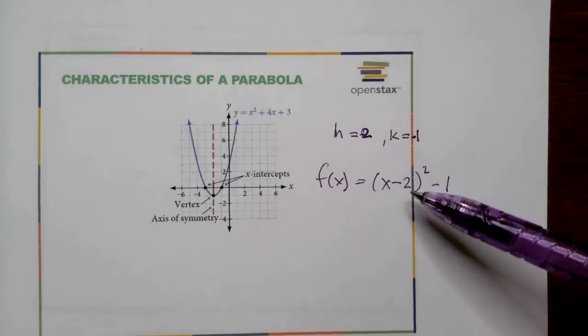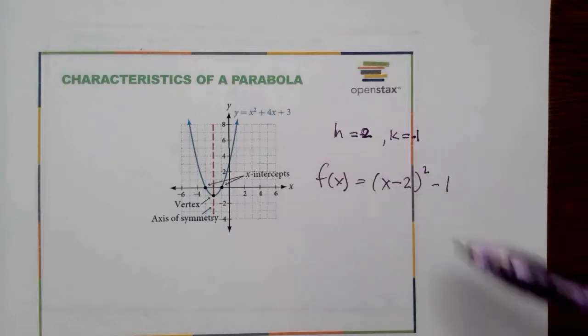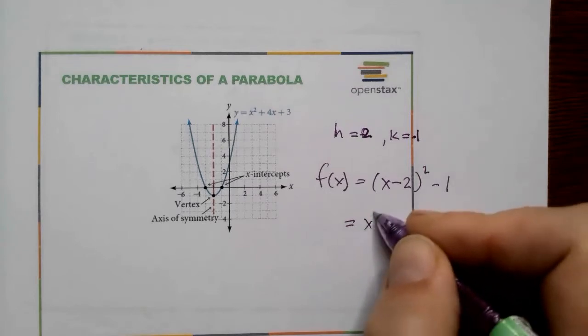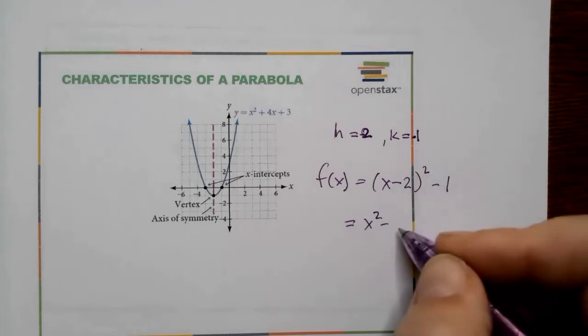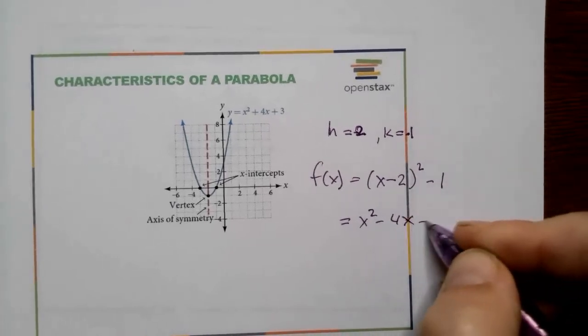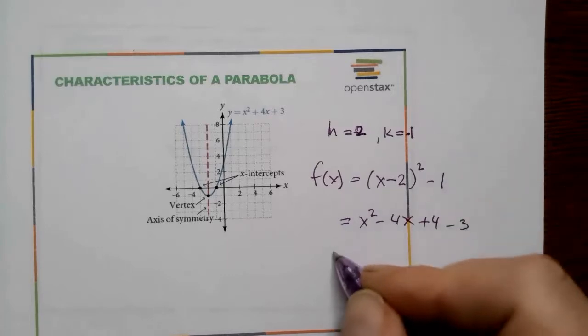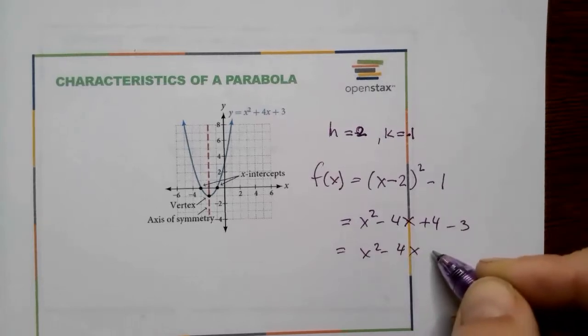Now, how did they get that equation? Well, if you were to expand this formula, we're going to have x squared minus 2 times x, so that's 4x, plus 2 squared, 4, and minus 3, and that will give you the other form of the equation.